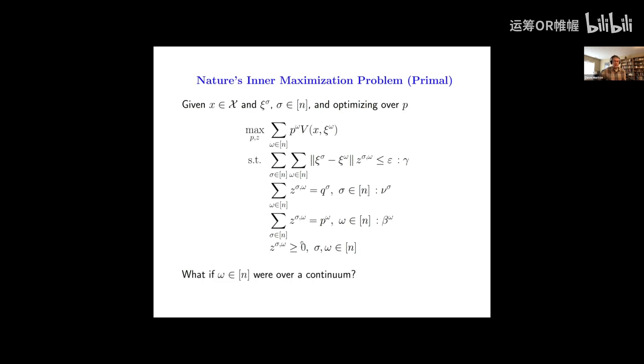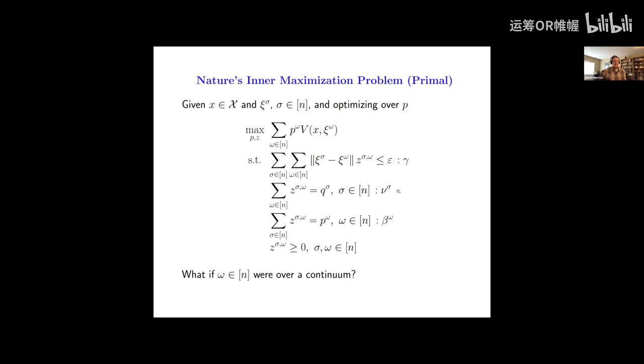Oh, and by the way, the way I've written things here, there are just these existing points of support. Sigma is the index for the origin, omega is the index for the destination, and suppose the destination were really a continuum. In that case, even though P is a decision variable, we could just substitute out for P here, and then we would just have n plus 1 structural constraints.